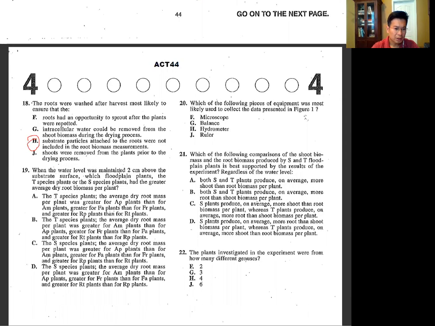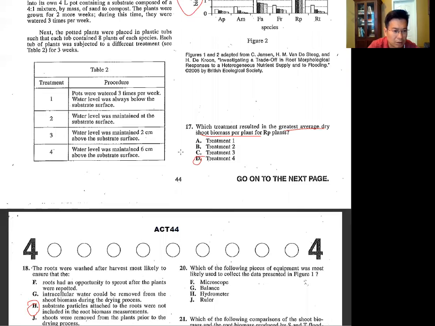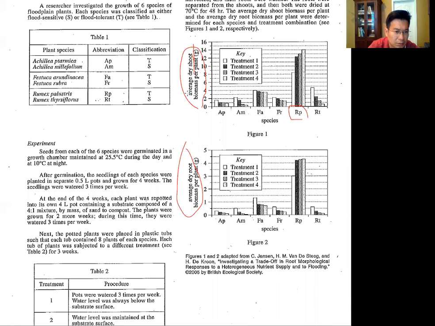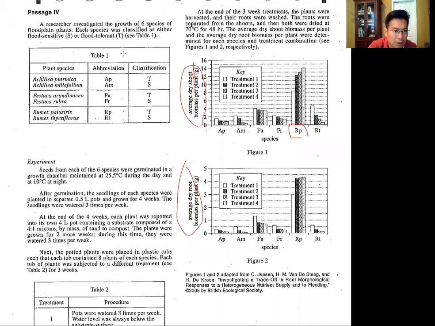19, water level maintained 2 centimeters above the surface. Which floodplain plant species has the greater average dry root biomass per plant? So let's just see. First of all, S is flood sensitive and T is flood tolerant.